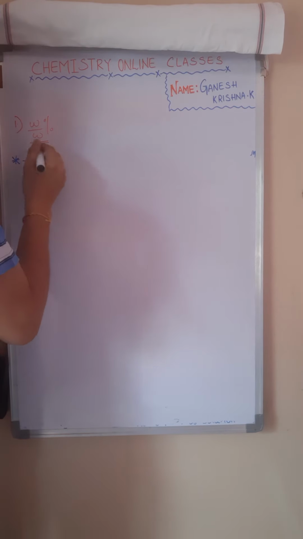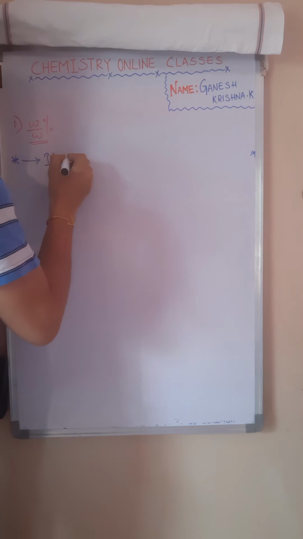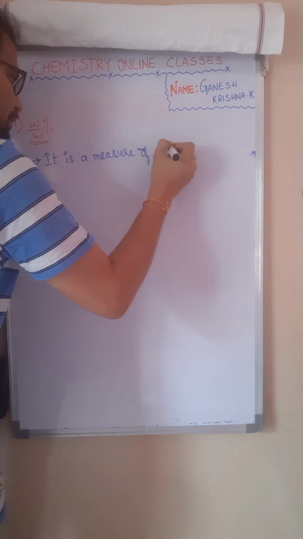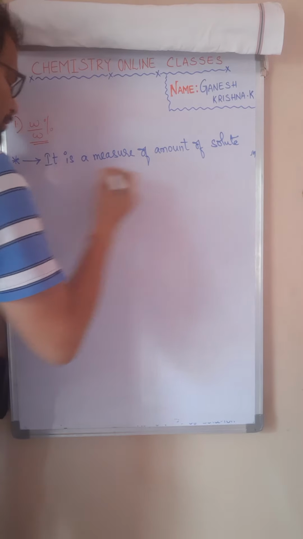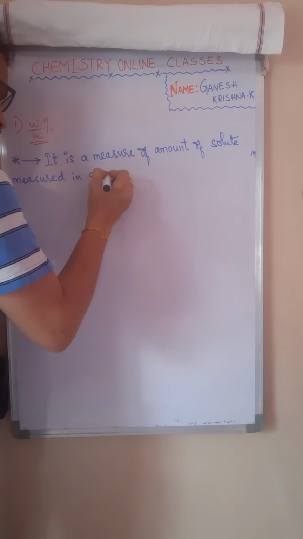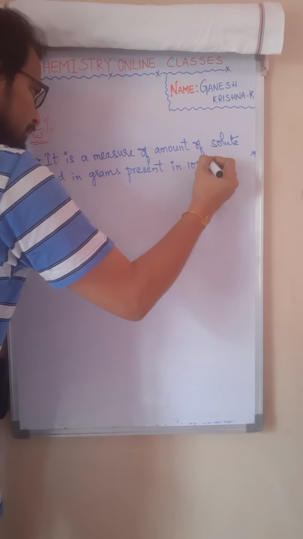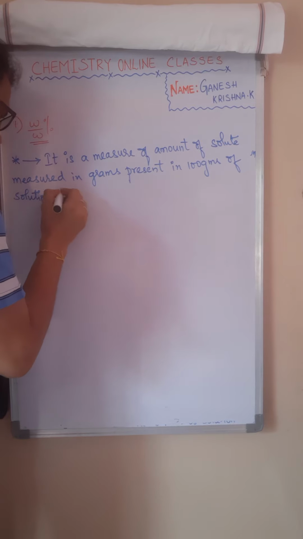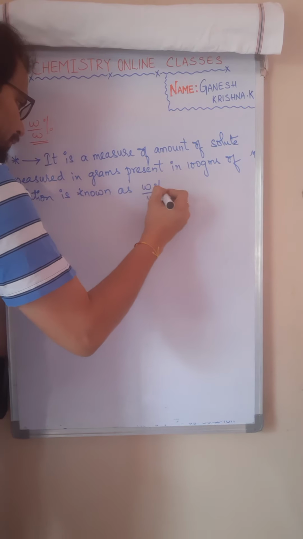It is a measure of the amount of solute, measured in grams, present in 100 grams of solution, is known as weight by weight percentage.